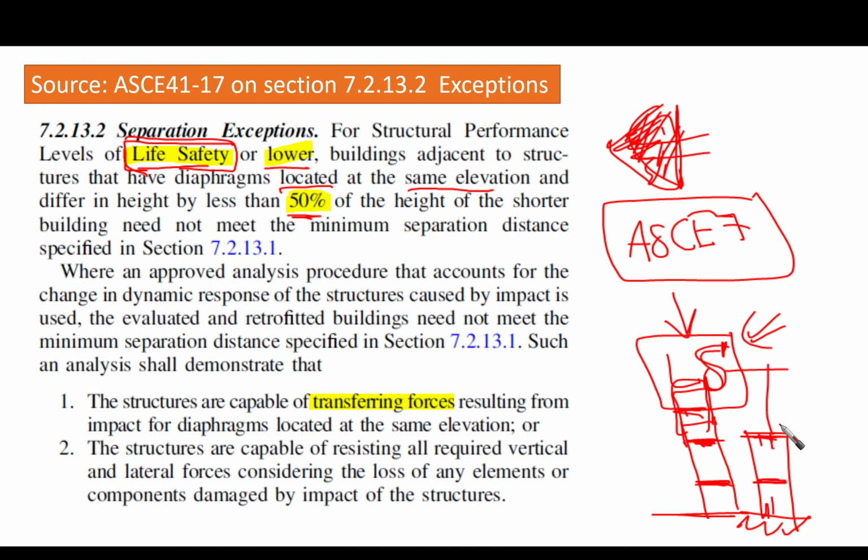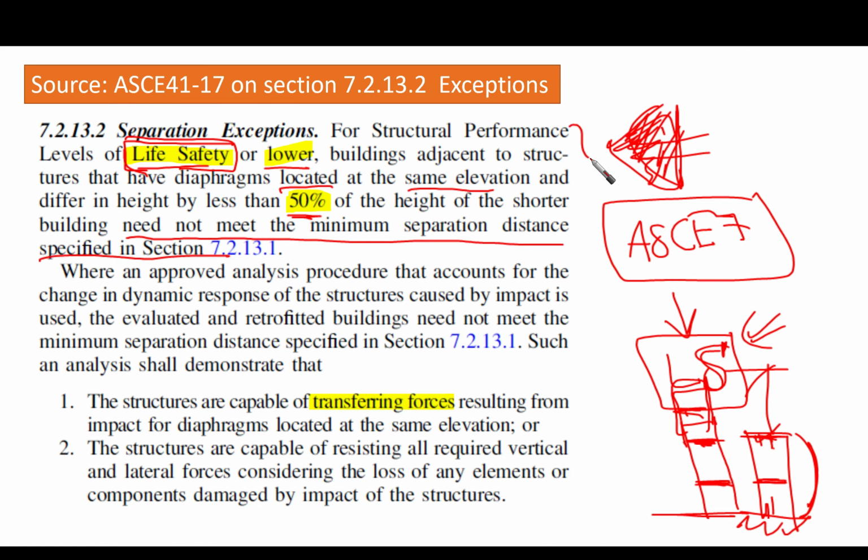The difference is not more than 50% of the height of the shorter one. Then they need not meet the minimum separation distance specified in the section.